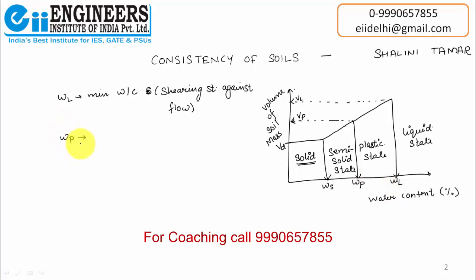So I can say WP is the minimum water content at which the soil will behave as a plastic material, and shrinkage limit is the maximum water content at which a reduction in water content will not cause decrease in the volume of soil.